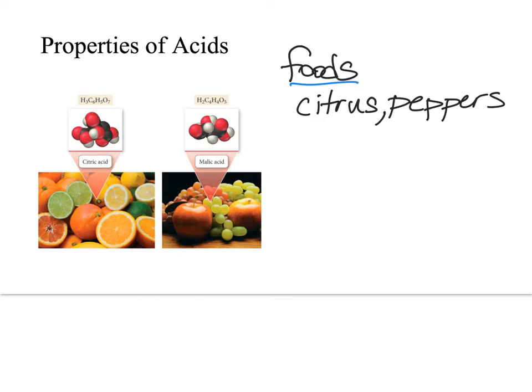So the first property is that they're components in many different foods. Number 2, they taste sour. That makes sense. If you think about a lemon or a lime, grapefruit, they taste sour. And a lot of people prefer this sort of taste in their candy.